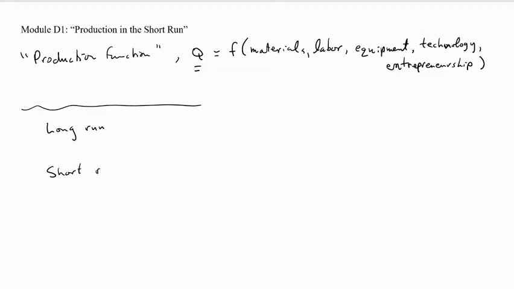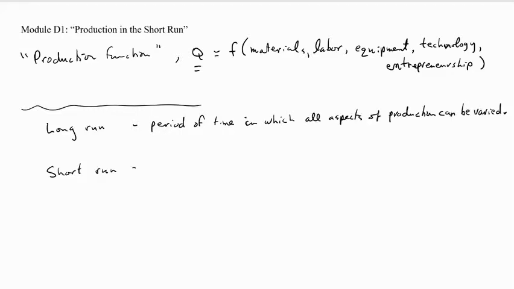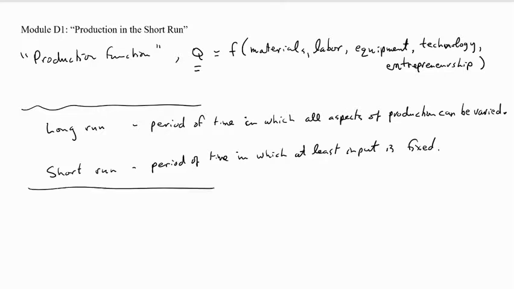In the long run, we mean a period of time in which all of the inputs can be varied. Contrast that with the short run, a period of time in which at least one input is fixed and cannot be changed. Let's provide an example here.